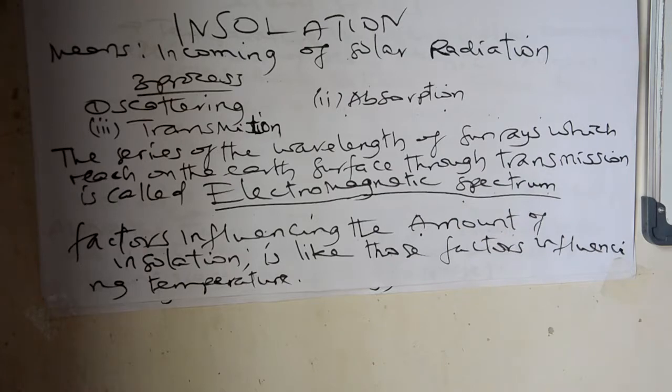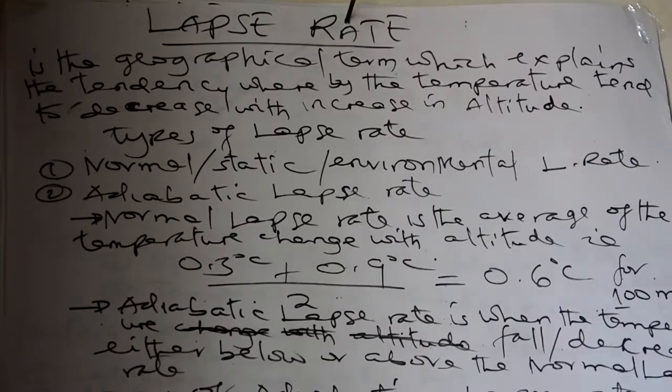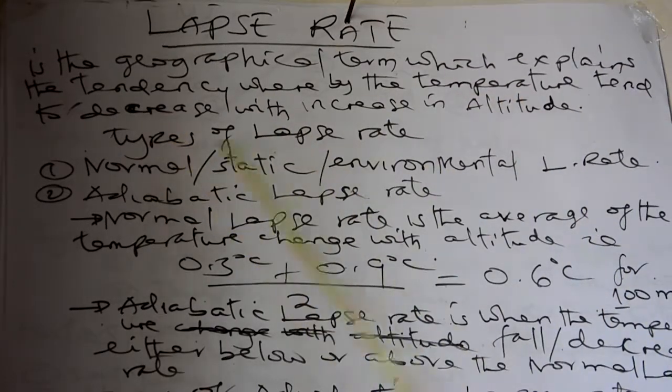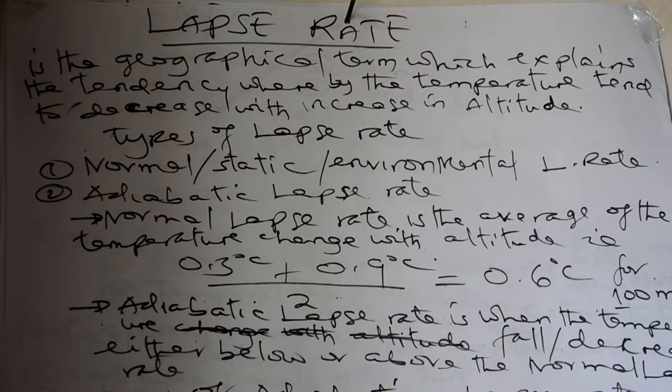Not only that, but also in temperature there is a certain subtopic called lapse rate. I told you that lapse rate takes place in the layer of troposphere. What is the meaning of lapse rate? Lapse rate is a geographical term which explains the tendency whereby temperature tends to decrease with the increase in altitude.